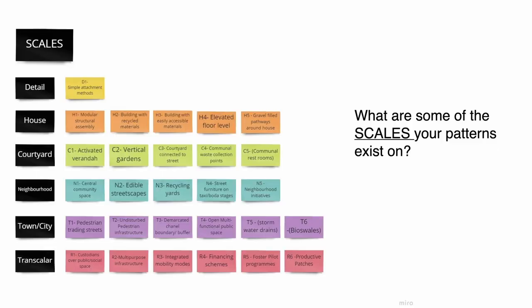I believe this is it, but in case you find a new scale, you can add it. So there is the detail, which we may not look at so much, like the concrete beam, that scale. Then we have the scale of a house, which I also don't think we'll use much of.